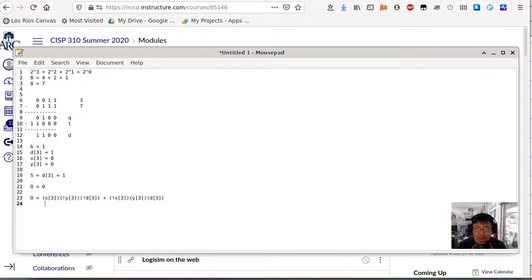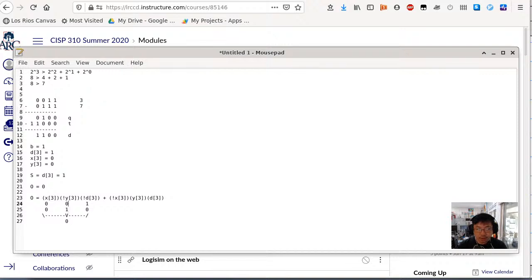So if we plug in X3 being 0 over here, Y3 being 0 over here, and D3 being 1 here, then we have 0, 1, and 0, which will give us an end result of 0. After we AND everything here, that becomes a 0.